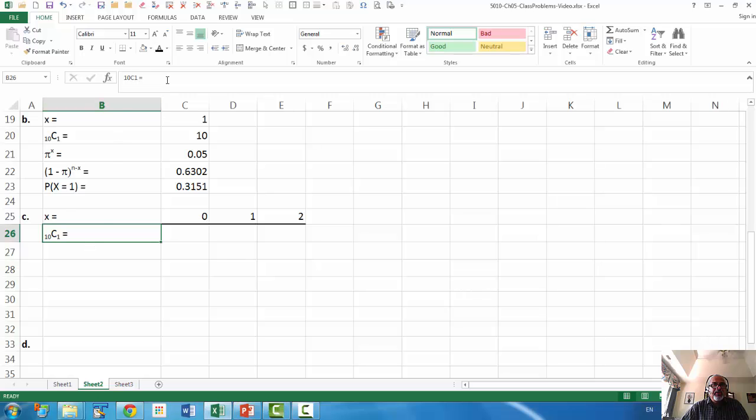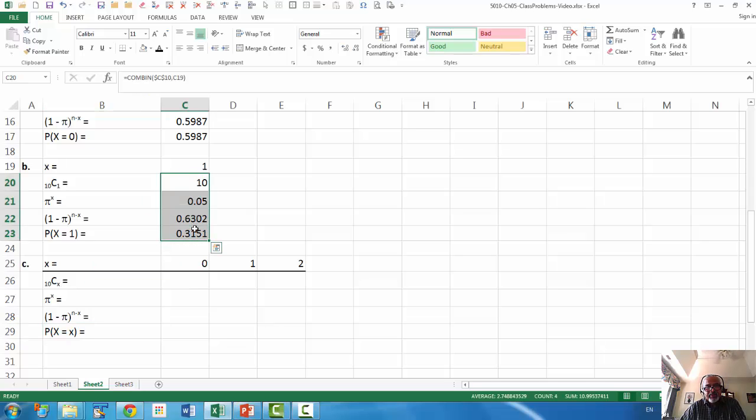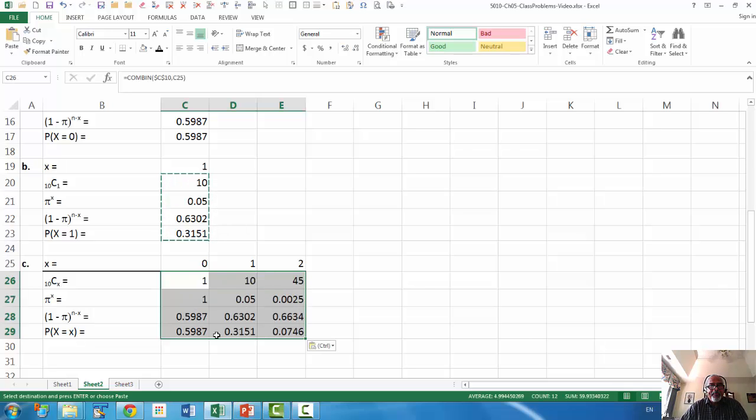So here we have 10 combination x, pi to the power of x, 1 minus pi to the power of n minus x, and then we have the probability of x. We already have these set up correctly, so we can just copy those four items down here. Of course the first one is the same as A, the second one is the same as B, and the third one is for x equal to 2.